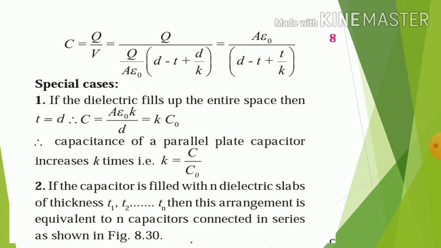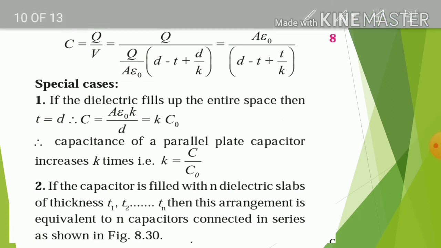Then this arrangement is equivalent to n capacitors connected in series, as shown in figure 8.30 below.